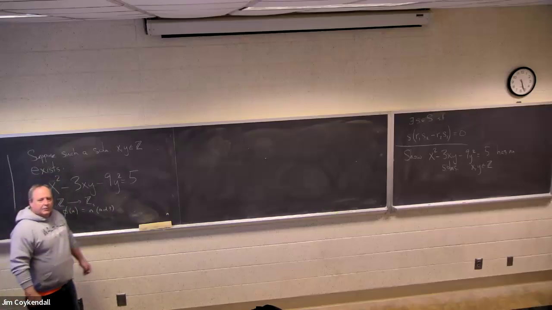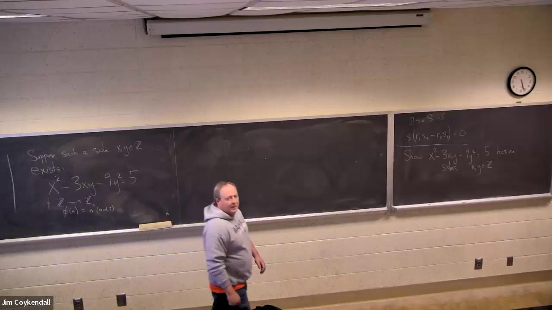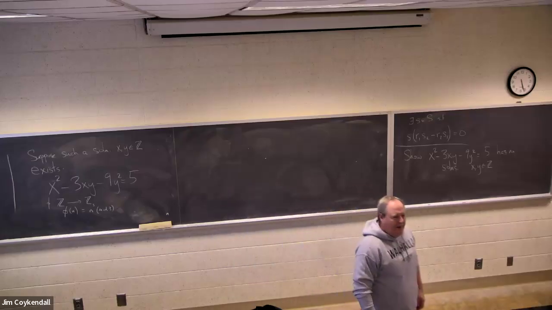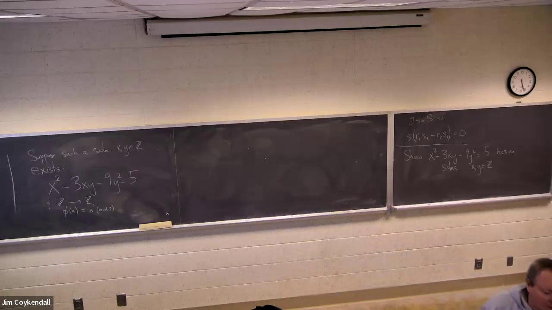There's a homomorphism that goes from Z to Z mod 3, right? And here's how the homomorphism works. Take any integer. What does the homomorphism do? It divides by 3 and takes the remainder, right?